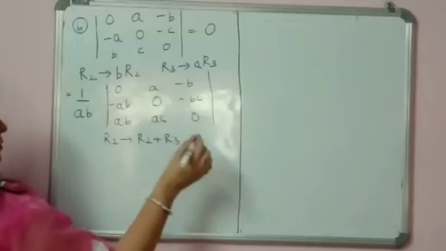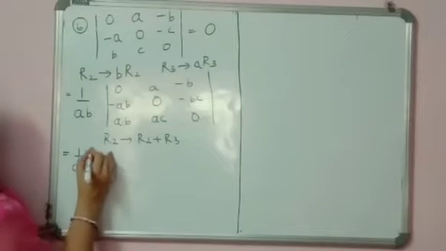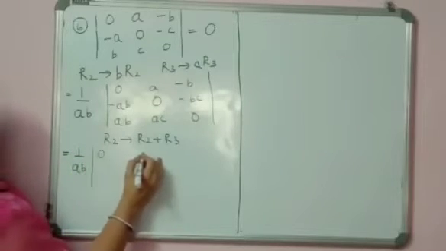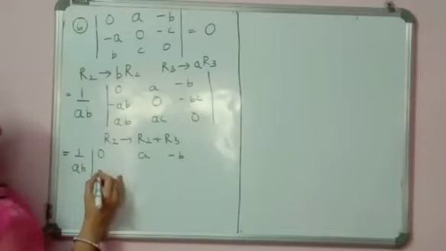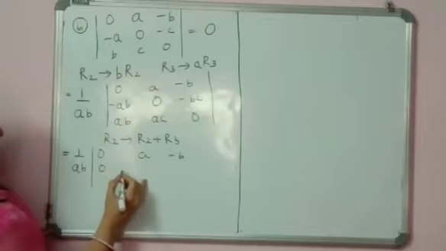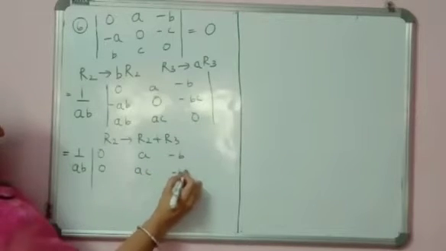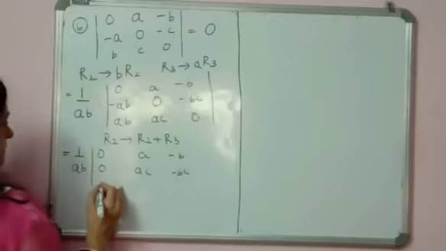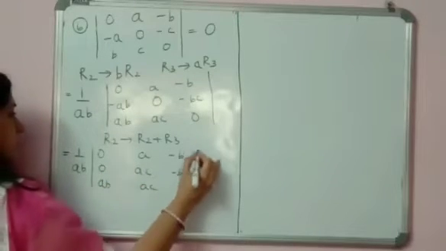So you will get one more 0 about this row, column 1. So it is equal to 1 upon AB, 0, A, minus B. So you are changing R2, means 0, AC and minus BC, then AB, AC and 0.